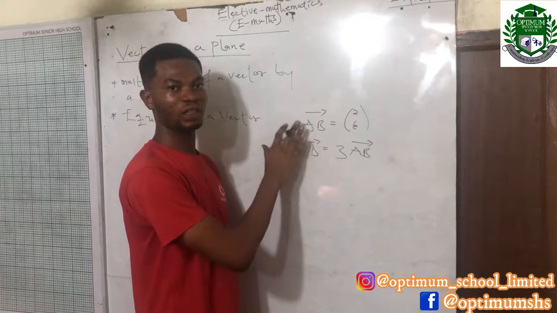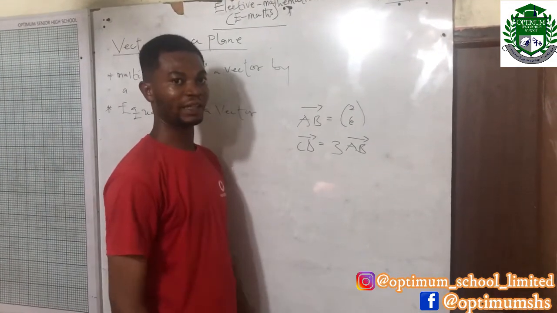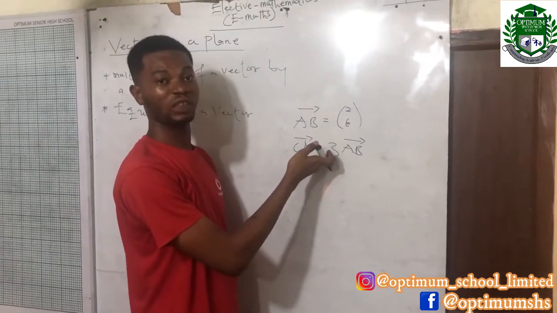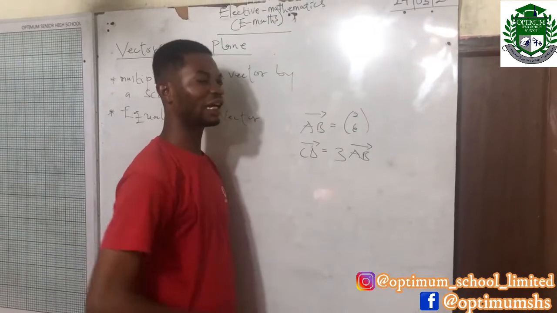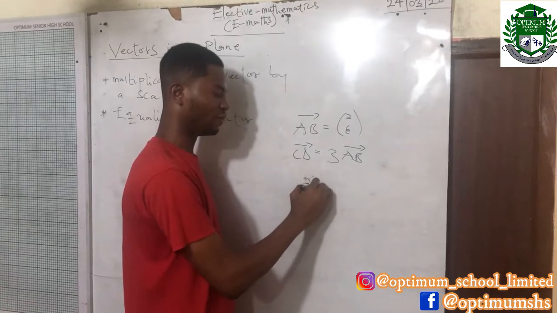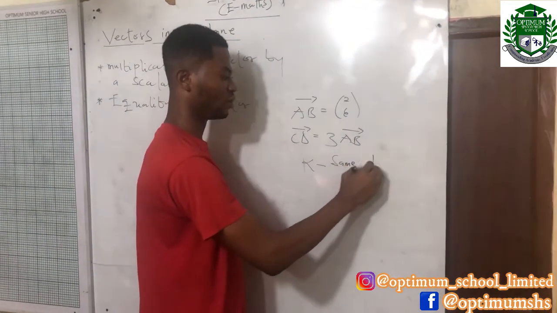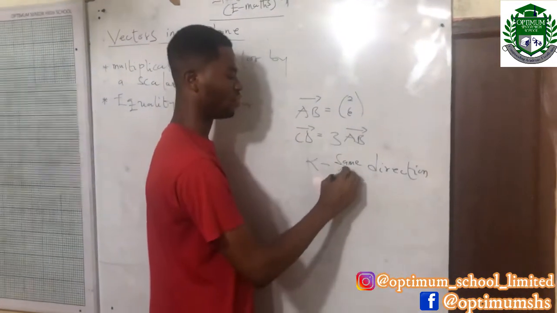CD is going to be longer than AB, but then CD and AB are in the same direction because CD is being multiplied by a positive scalar here, which is 3 times AB. So a scalar can also tell you the direction of two vectors. When it's positive, they are in the same direction, so same direction, and then they are parallel.